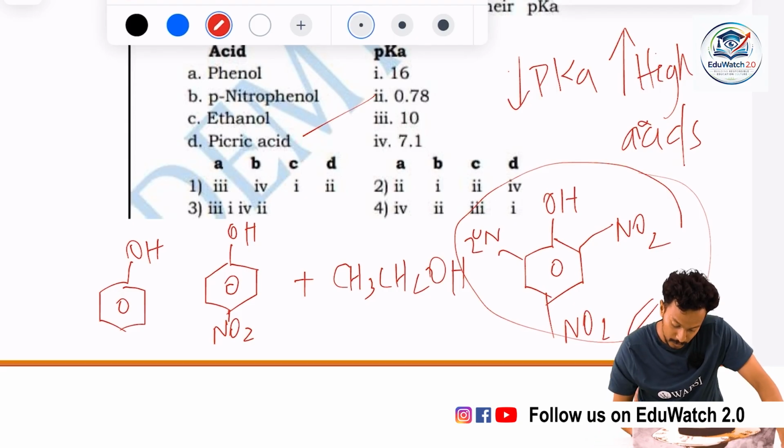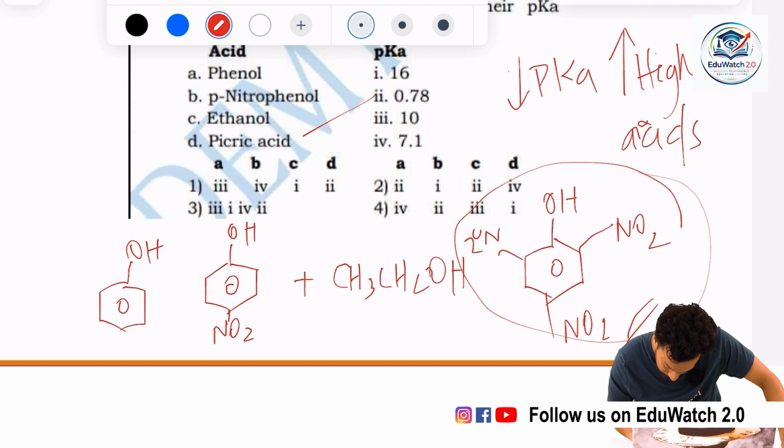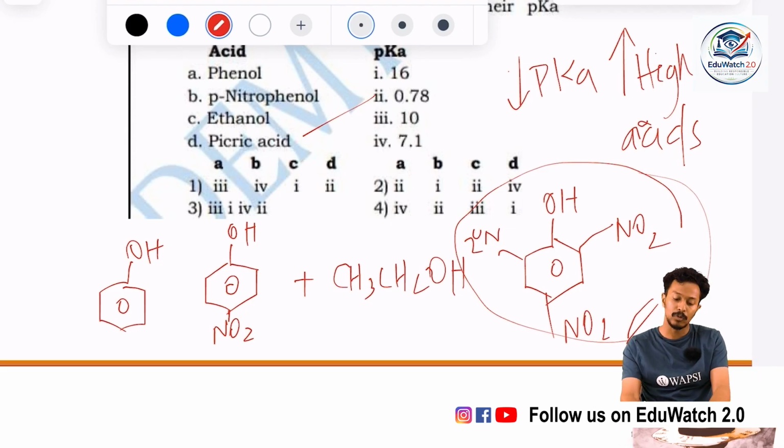We do know that D is 2. Option 1 is a correct one and option 4 is a correct option, so we could rule out option number 3 and 2. So what would be the next most acidic one? Phenol is less acidic than paranitrophenol, because of the minus I effect of nitro group.